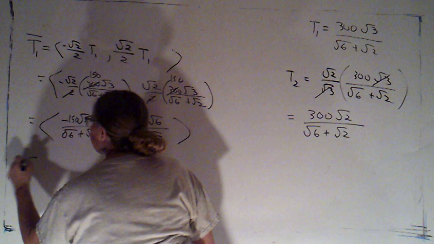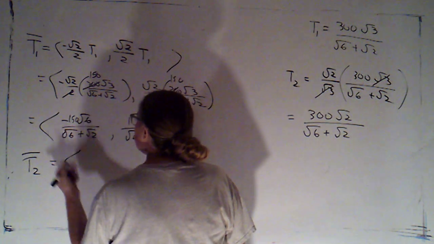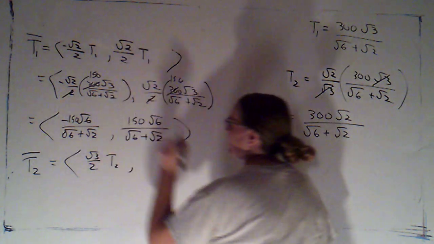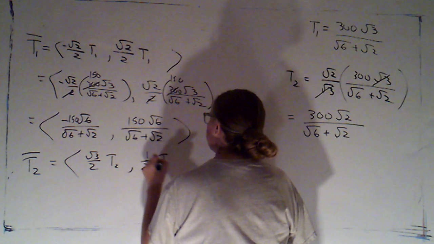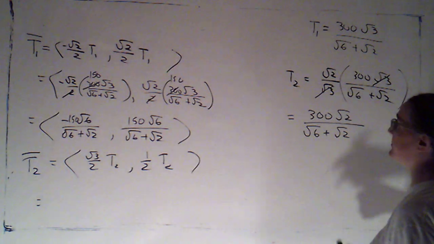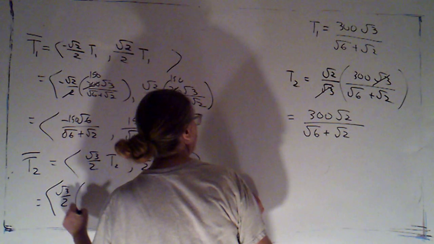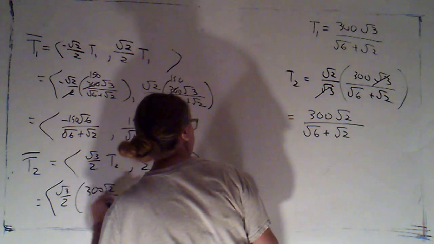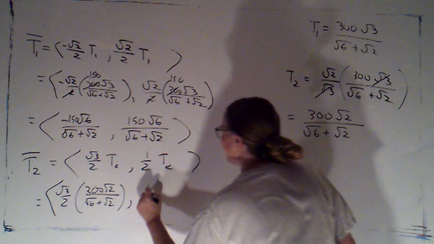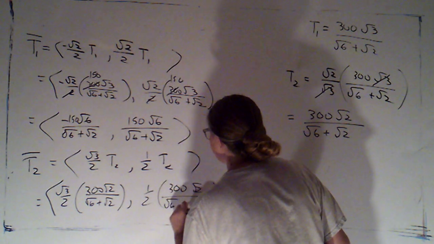And then T2, the vector, remember, was root 3 over 2 times the magnitude, and then 1/2 times the magnitude. Now I'm plugging in the magnitude of T2, which is this number. So we're going to have root 3 over 2 times 300 root 2 over root 6 plus root 2, comma, 1/2 of 300 root 2 over root 6 plus root 2.